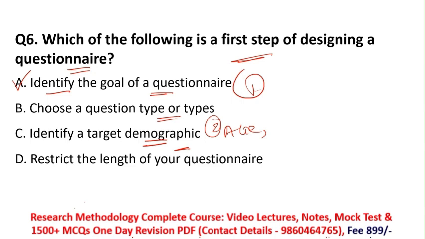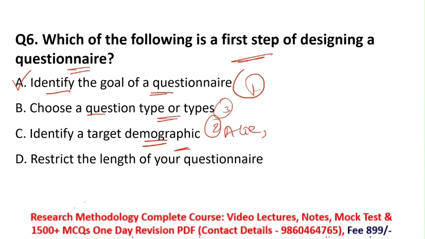Okay, then according to their characteristics, we'll select the question type according to the demographic. The characteristics may be gender, age, income, education, like that.